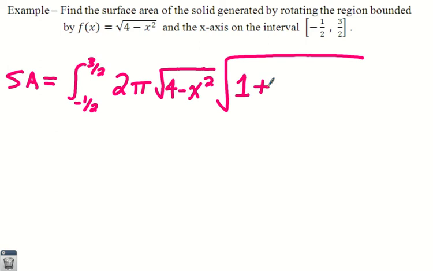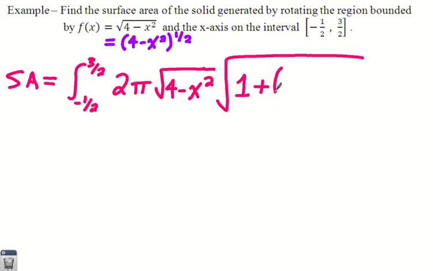So this happens to be really 4 minus x squared all to the 1/2 power. And looking at it like that, it's at least a little bit nicer to look at when you're thinking about what the derivative is going to be.